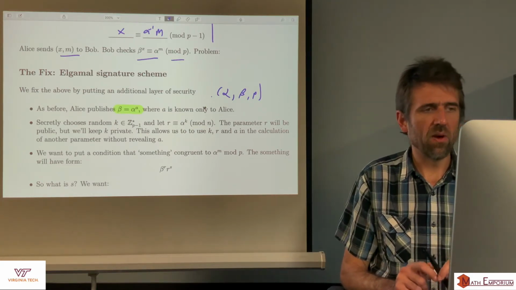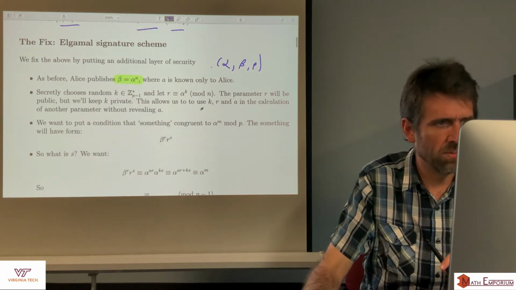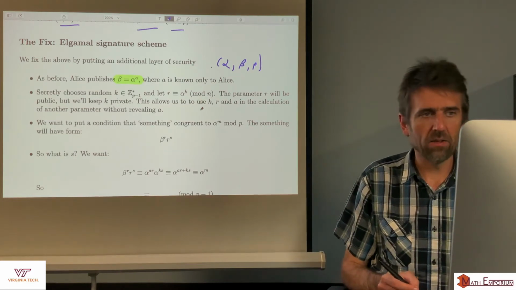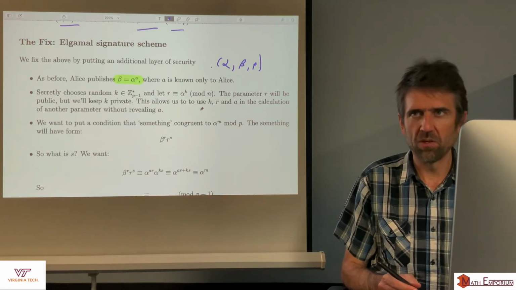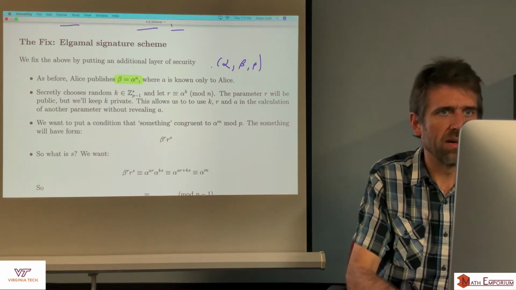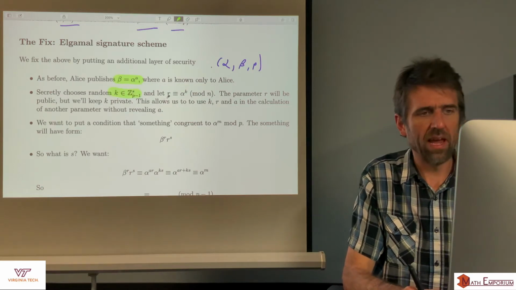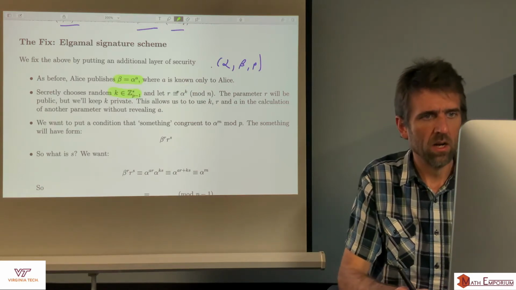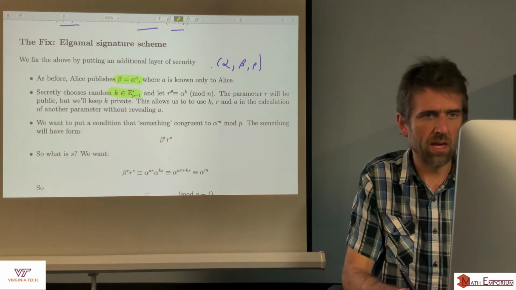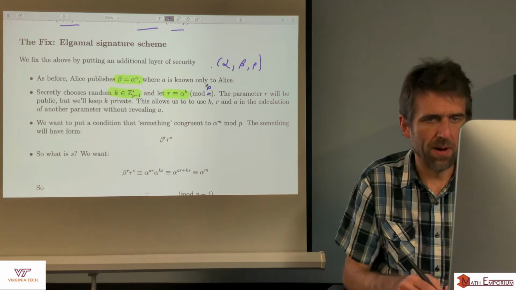Every time that Alice wants to sign a message, she's going to randomly choose a different exponent k, which should be invertible mod p minus 1. So Alice is going to choose this k in Z mod p minus 1 star, and then use that to generate another parameter r, which is going to be alpha to the k mod p.